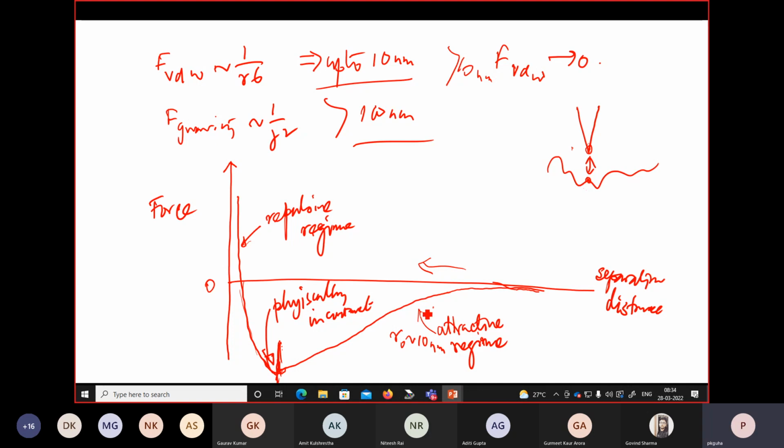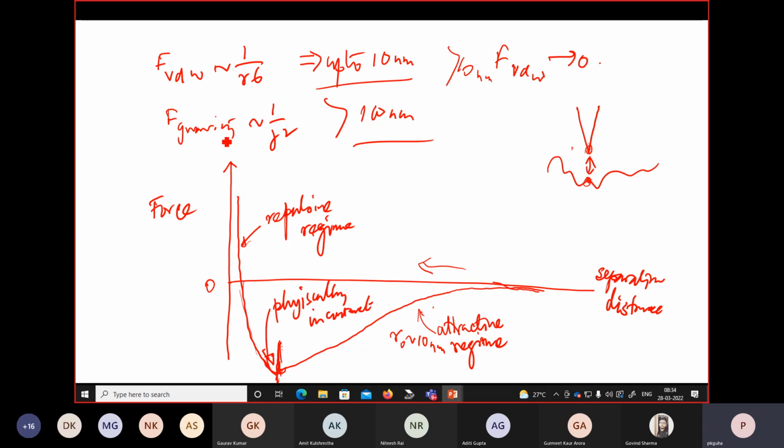So you see it is going down and down and down, but once it is very close, then the electronic cloud of the atom of the tip and the atom of the surface will basically overlap, and this electronic cloud will create electrostatic force between them, and that force is repulsive in nature, and then that force starts dominating and you will get a repulsive regime in this force and separation distance plot.